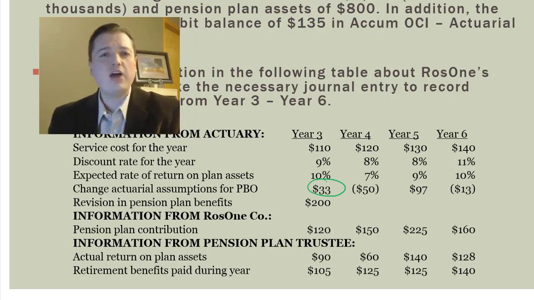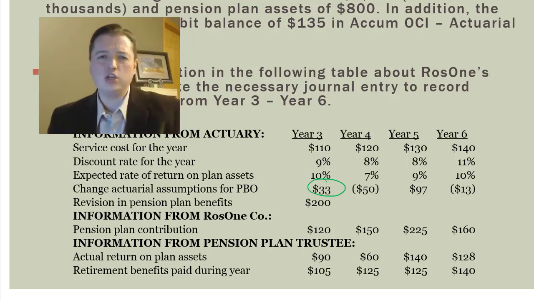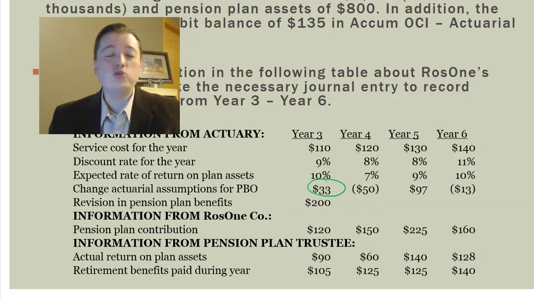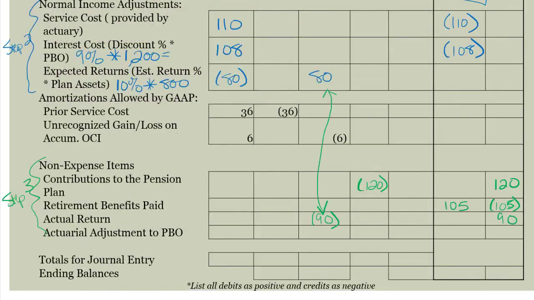But you'd want to get into the fine print from your actuary and really make sure, wait a minute, is this increasing or decreasing the obligation? You'd have to make sure you knew which way the actuary meant before you did the calculation. So if I'm going to increase the obligation for 33,000, that's a credit. And that's going to go in my actuarial gains and losses.